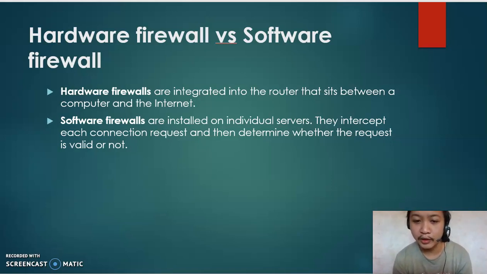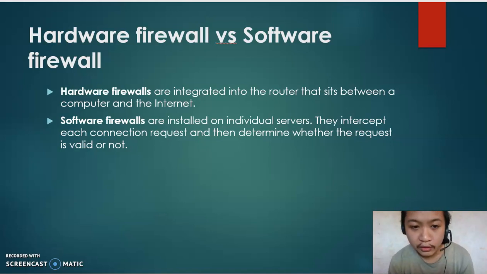A router has built-in hardware components, and if you are not an IT or computer science person, you cannot tell where the hardware of the firewall is. But you know the router is protecting you from attacks.